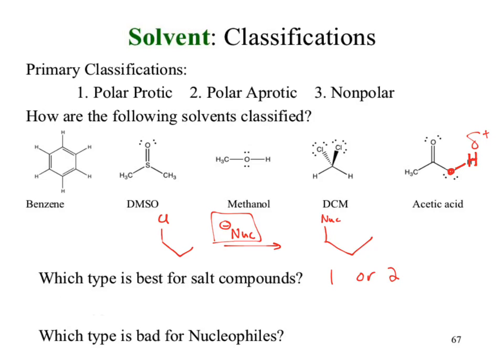What happens if we switch to the SN1? Okay, well, in the SN1, what am I concerned about? A carbocation forming. What do I need to stabilize a carbocation? A negative charge, electrons. Where would I find electrons in my solvents? In a polar solvent, both the polar protic and the polar aprotic supply electrons. Which one supplies more?